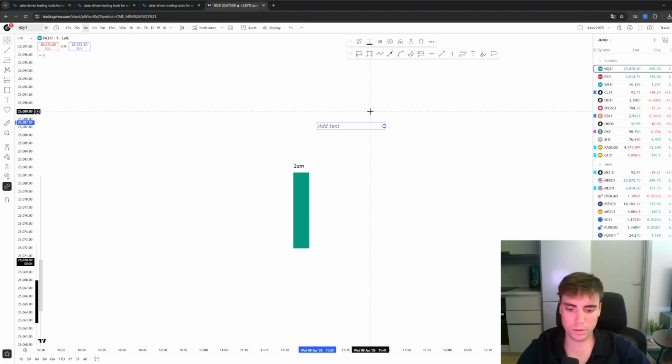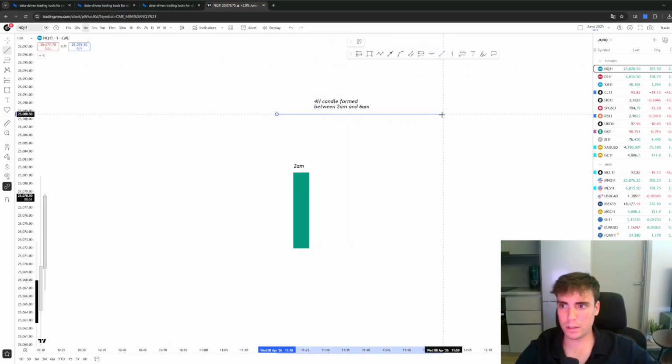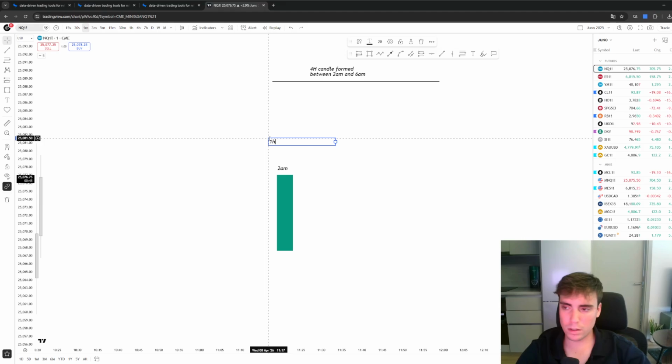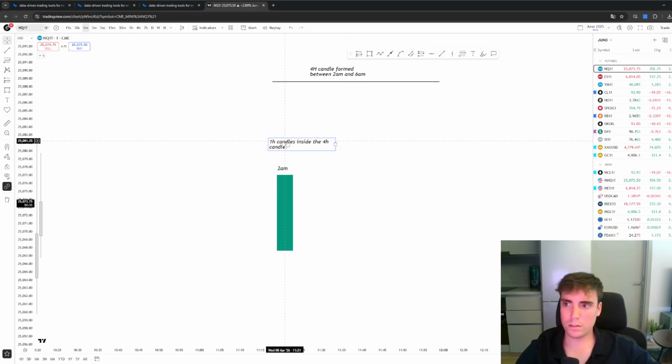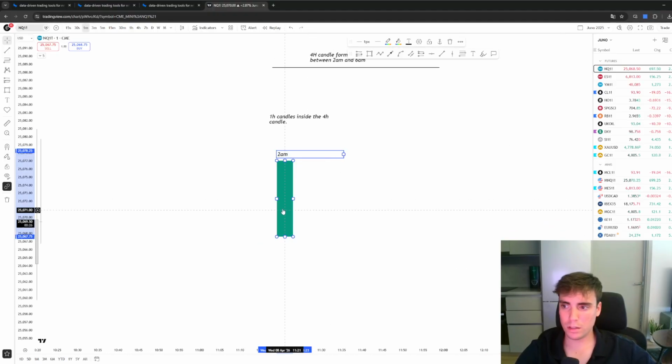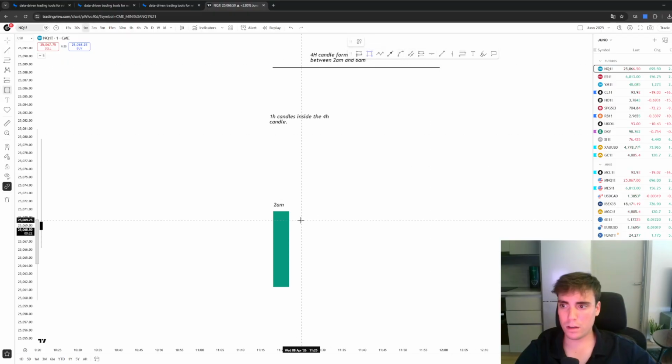We are watching the 4 hour candle form between 2 a.m. and 6 a.m. And these are gonna be the 1 hour candles inside the 4 hour candle. So here the 2 a.m. candle closes green, and then 3 a.m. opens. Here's the 3 a.m.